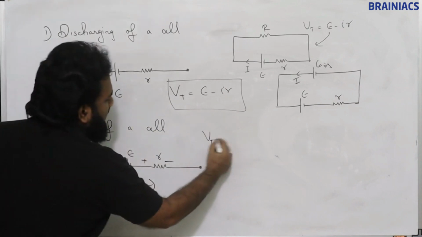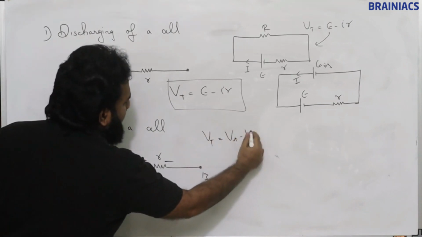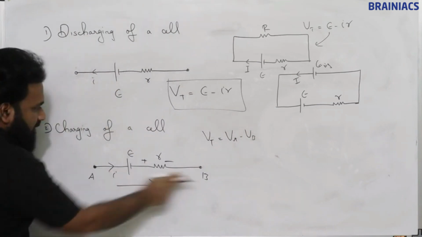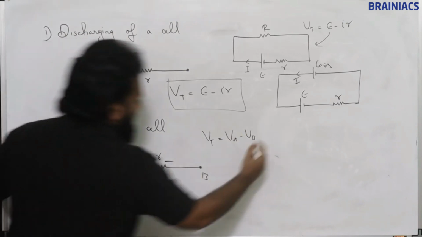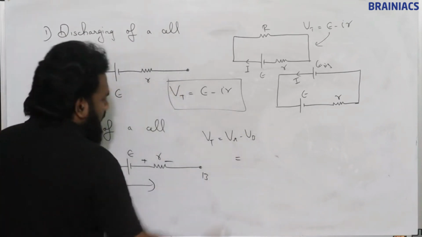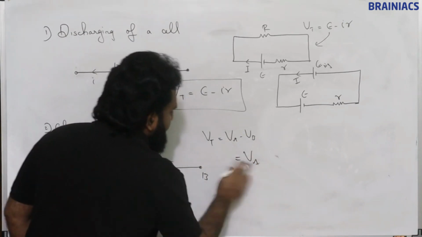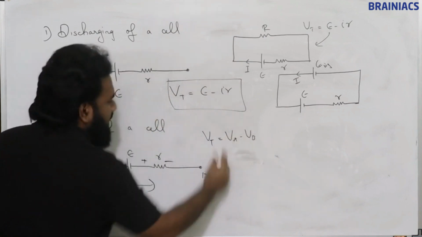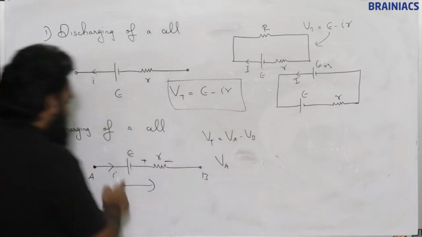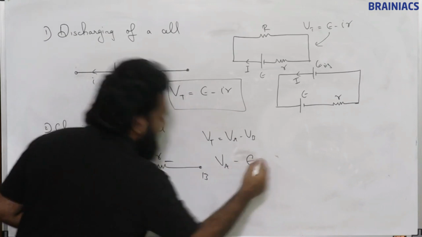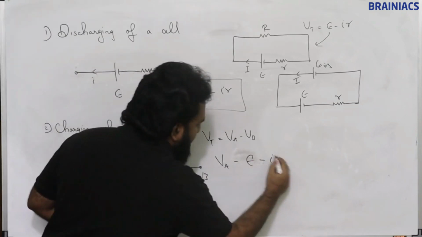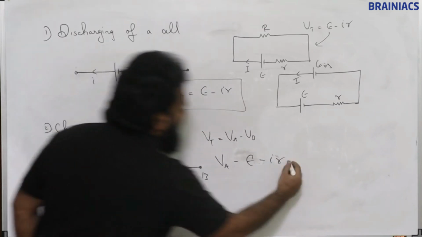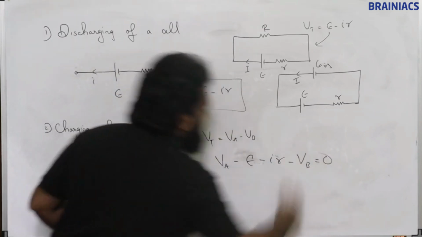So V terminal is nothing but VA minus VB. The potential difference across these two terminals, that is the terminal potential. So what will we take? VA, keep it there, then plus or minus the EMF of our cell, current is flowing, so minus IR, then minus VB is equal to 0.